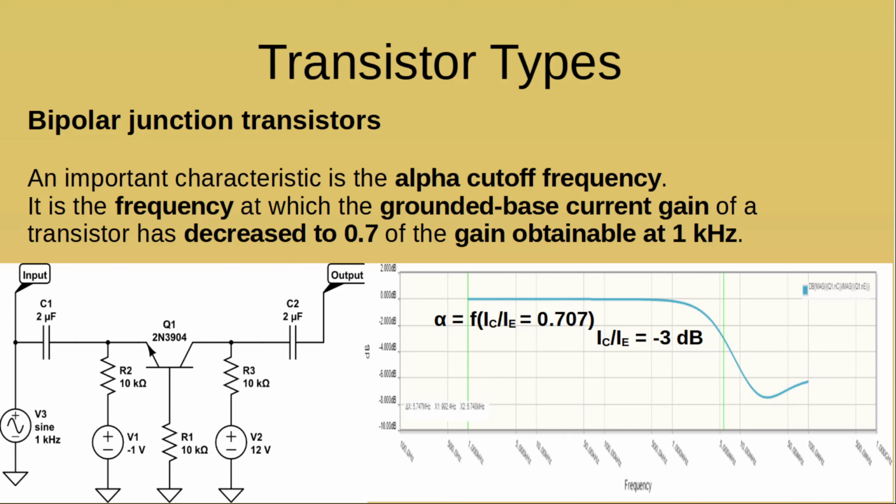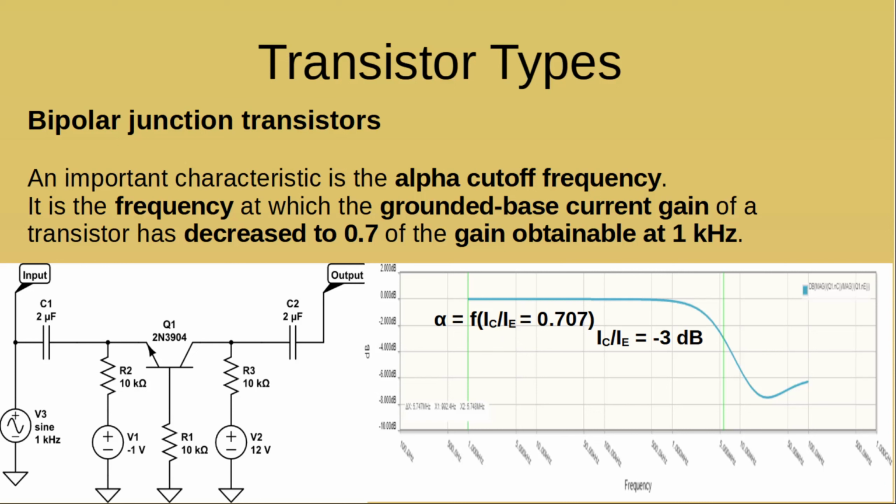Now, I don't know how realistic that is, but I did it with a simulator in their version of a 2N3904, which is a relatively popular general purpose transistor. Essentially, alpha is the frequency at which the collector current divided by the emitter current is 0.707.